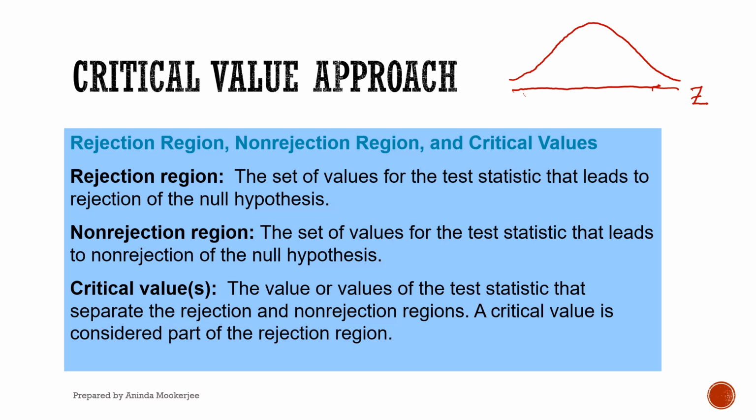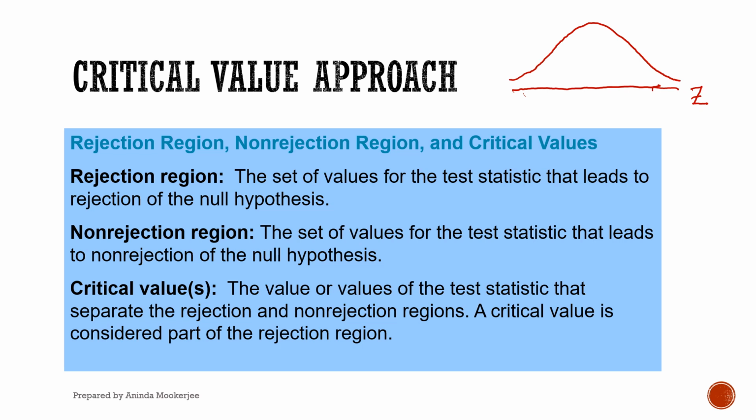So what is the critical value? The critical values are the value or values of the test statistic that separate the rejection and non-rejection regions. A critical value is considered part of the rejection region. So it's a cutoff point.